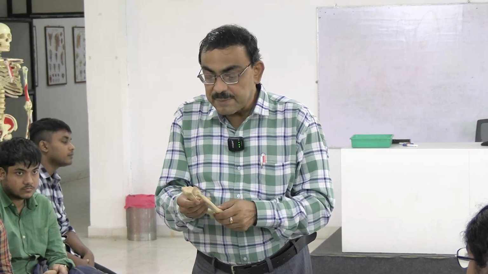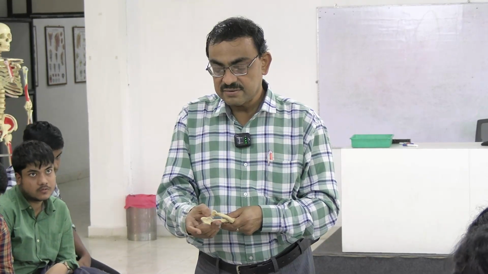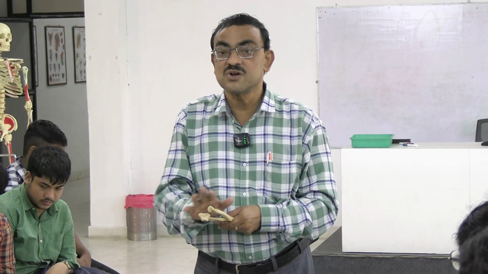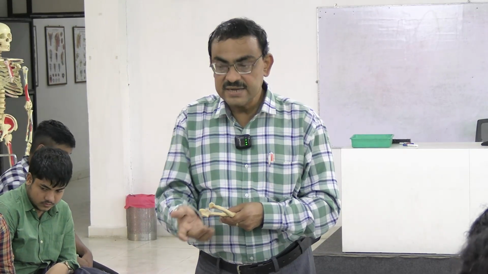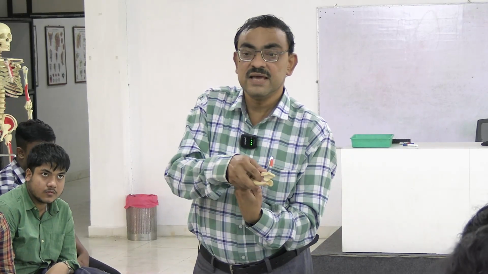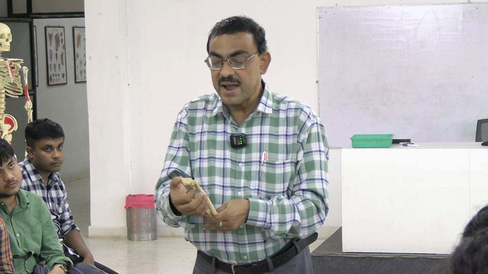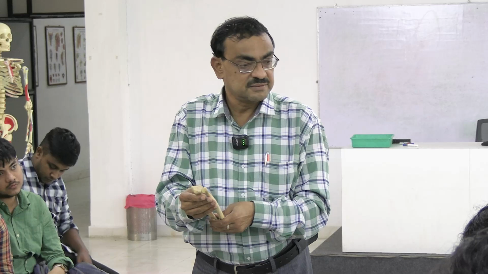So the name of the muscle is pronator quadratus, taking origin from the lower 1/4 of the ulna and inserted over the lower 1/4 of the radius. It has superficial fibers and deep fibers. Only the superficial fibers really cause pronation, and the deep fibers are the binders between the radius and ulna.